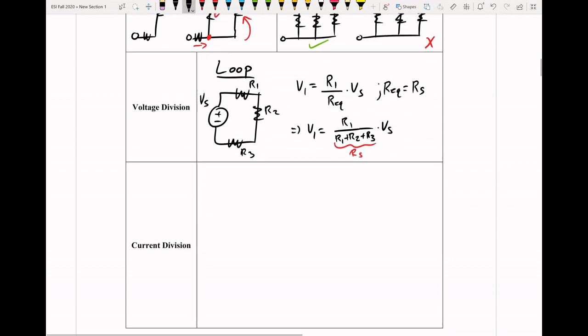Okay, and if we look at a current division, we see there's a similar thing. We're going to need parallel branches.